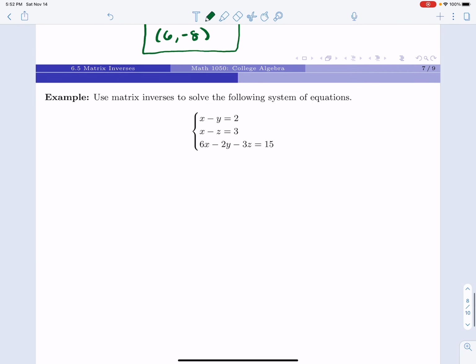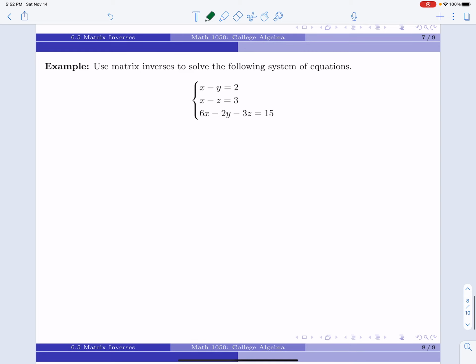So for the next slide, we're going to use matrix inverses to solve the following system of equations. Well, the first thing we need to do is write this system of linear equations as a matrix equation. So first we need our coefficient matrix. Our coefficient matrix is 1, -1, 0, just 0.